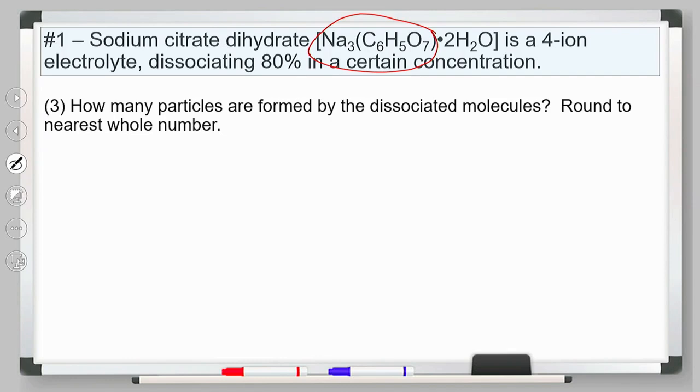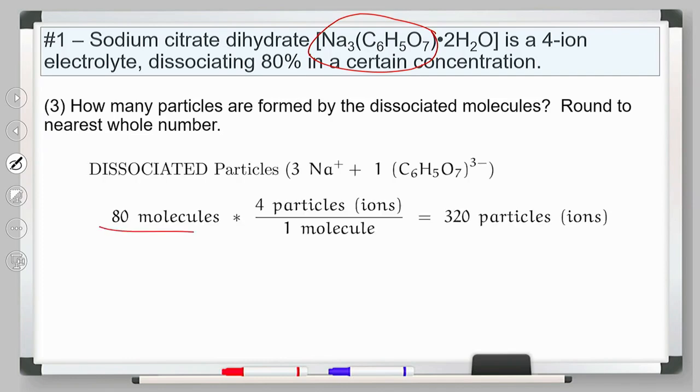How many citrates? 1. So I don't care what the particles are, but there would be 4 particles for every molecule that dissociates. That's why if we have 80 molecules dissociating, they're going to dissociate into 4 particles from each of those. So the total number of particles, once those all separate into solution, would be 320 particles.